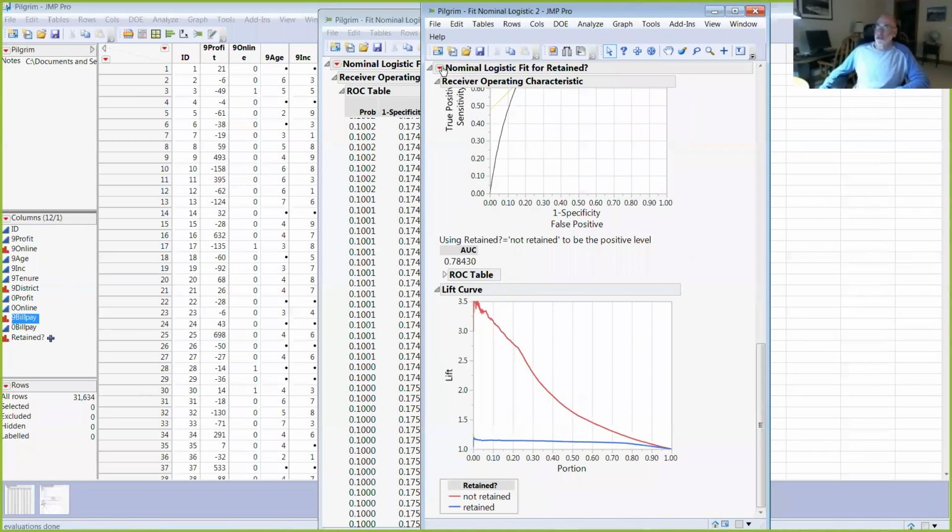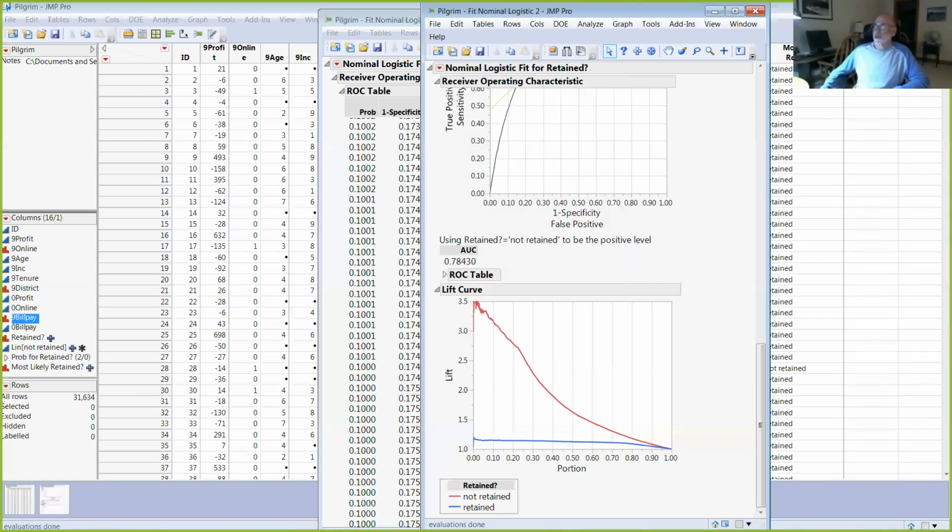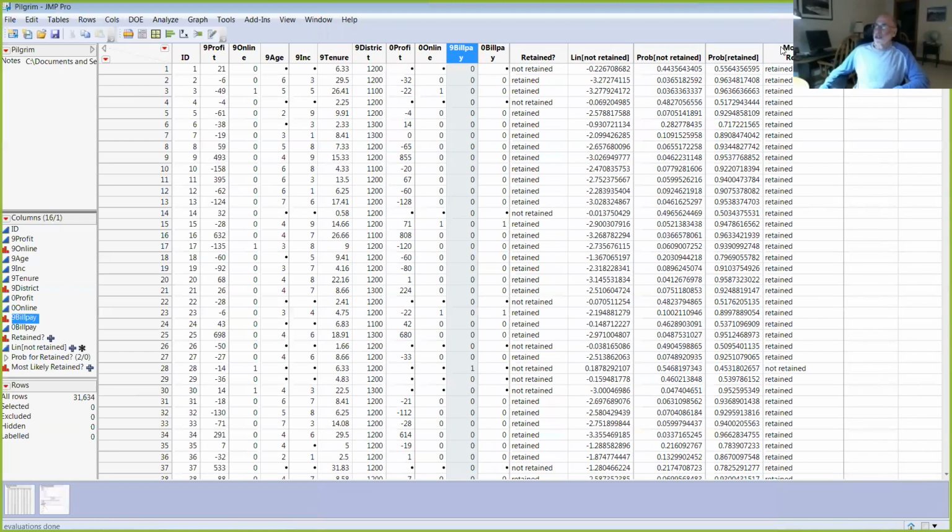What you should do when you have a model that you think is a reasonable model is go ahead and save the probability formula. When you do that, in the data set, you will get 4 additional columns. This column is actually the column that drives the results.